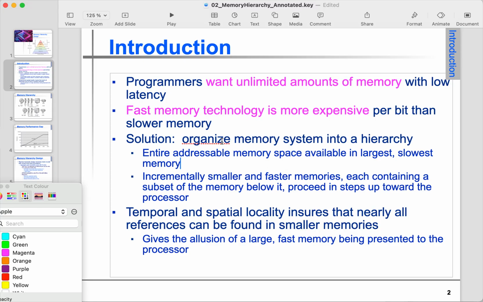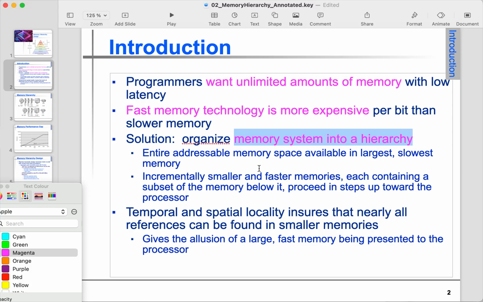So we're going to organize the memory system into a hierarchy to bring up a more optimal balance in between the speed and cost of these memories.